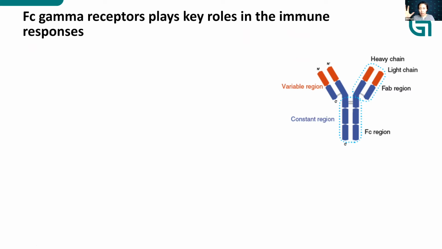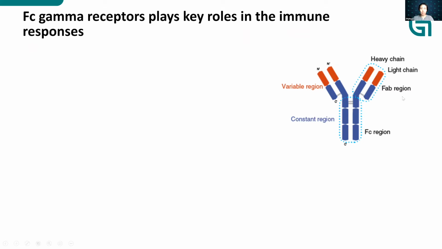Here on the upper right corner is a classical antibody. It has the Fab region, which is the two little ears on the top, and then on the bottom, the Fc portion is our focus for today. So the Fc versus the Fab.